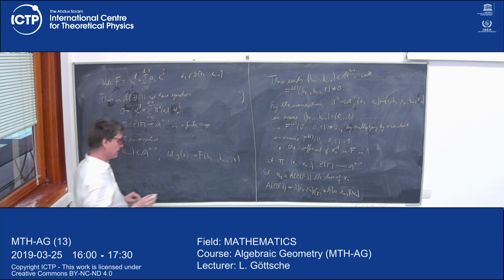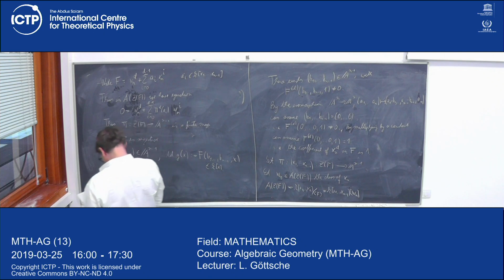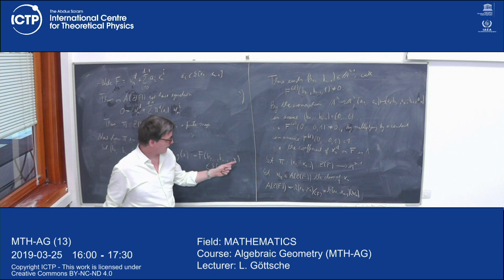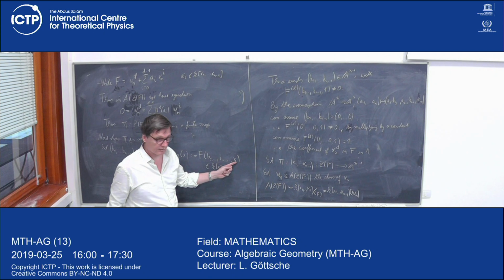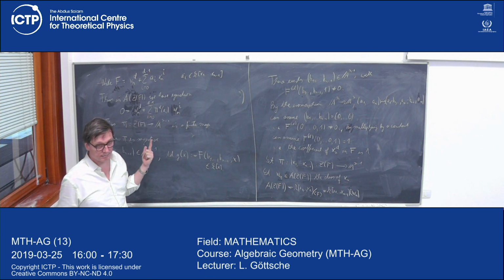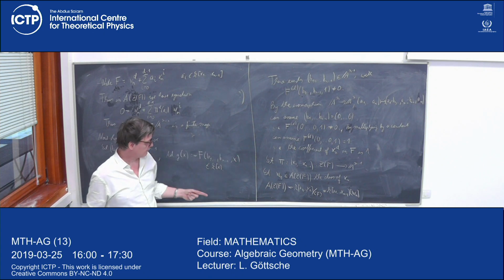So this is a polynomial in x. We know that the coefficient of x to the d of the original polynomial was 1, and this is the leading coefficient in x. So that means this is not the zero polynomial.